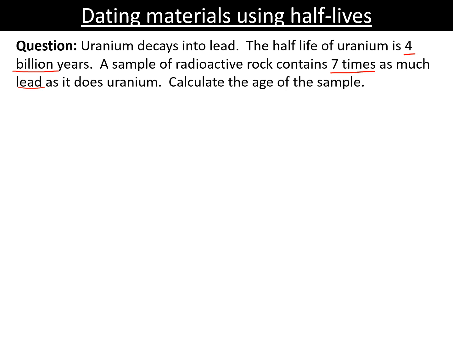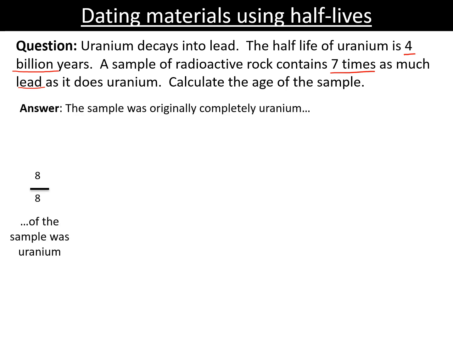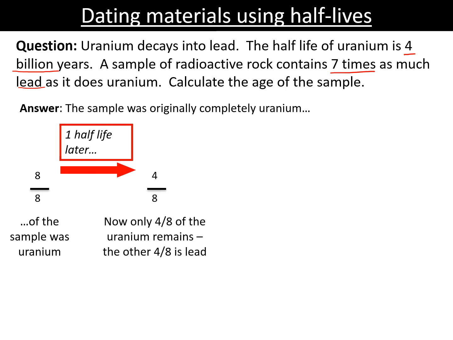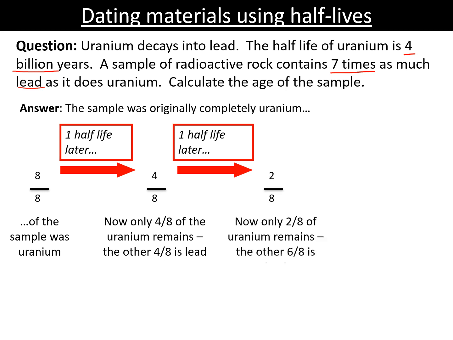So if we got 7 times as much lead as uranium, that means we've got 7 out of 8 parts. So original sample of uranium was 8/8, so that's 100% uranium. After one half-life, it will have decayed to 4/8, so half of 8. After another half-life, we'll have gone to 2/8, or 1/4 of the original sample of uranium.